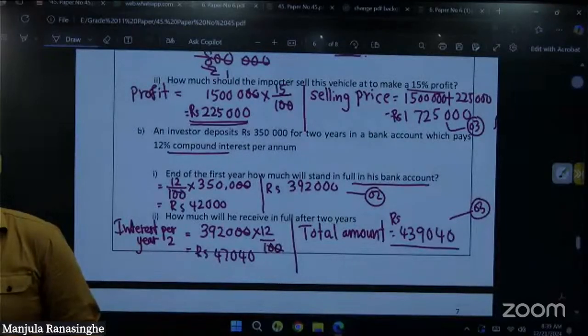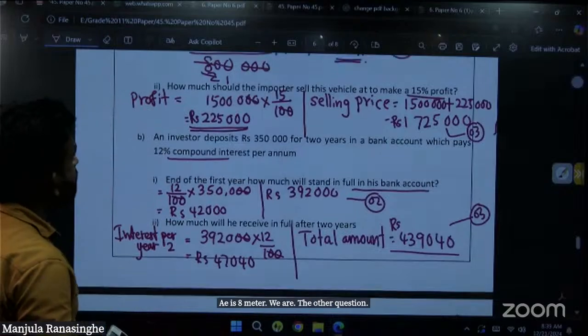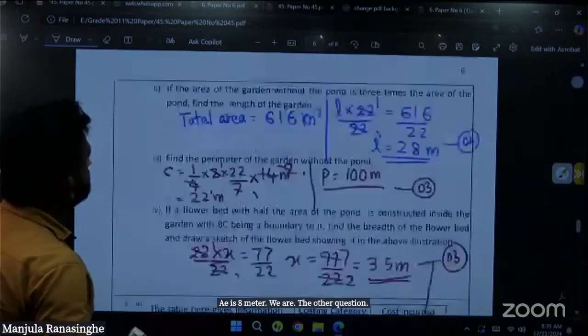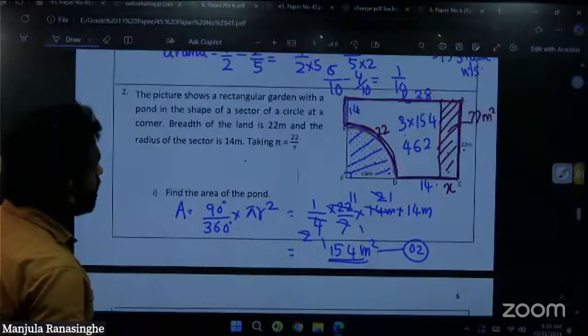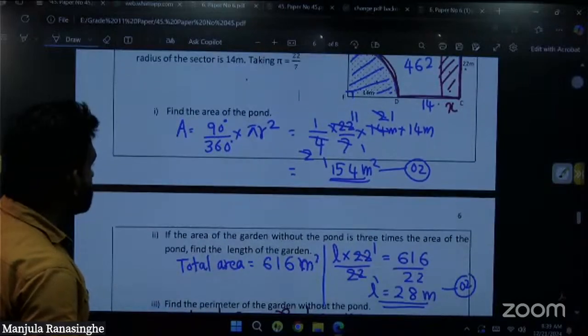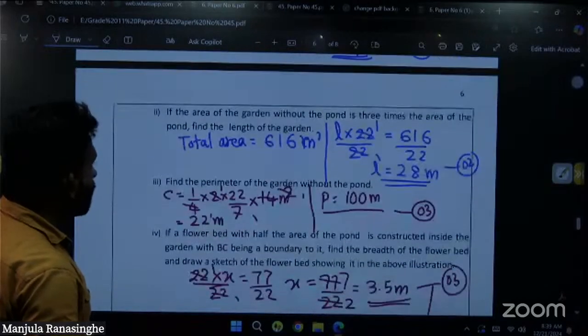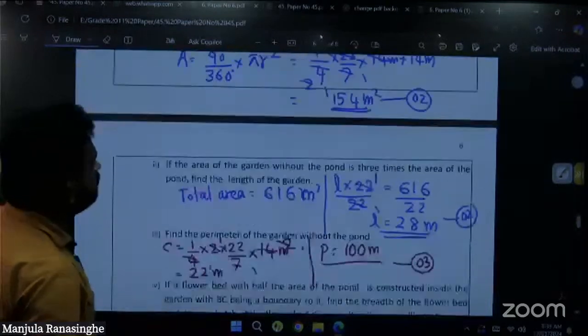AE is 8 meter. Where? The other question. Twenty-two meter.